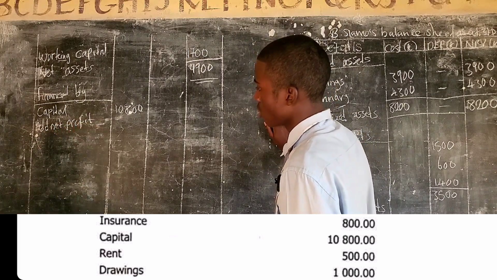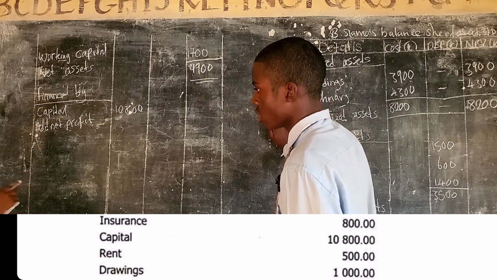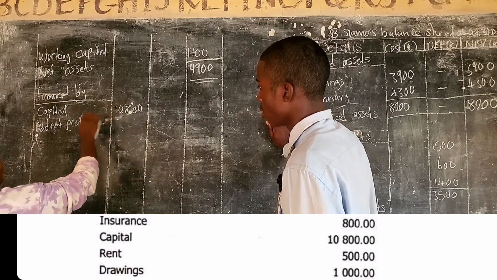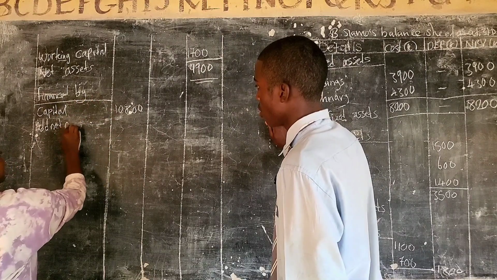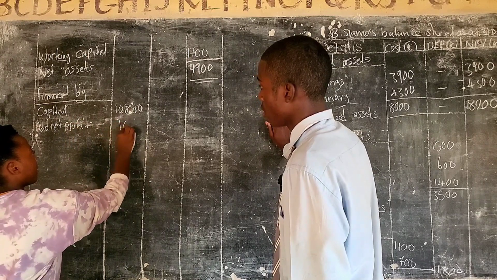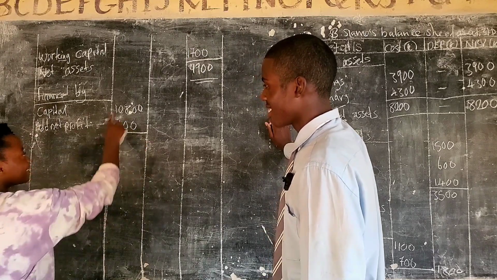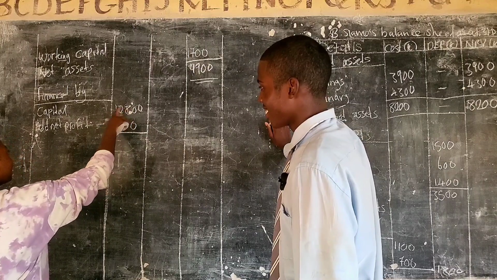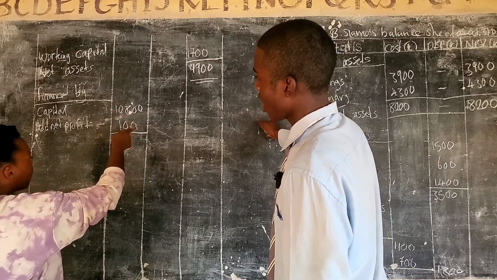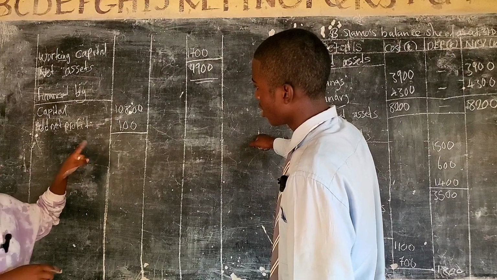So guys, if we found a net loss, we could have said less net loss, but since it's a profit, we add net profit. How much was the net profit? 100. Net loss, you subtract: capital minus the net loss. But since it's profit, it's capital plus the net profit. So when you add this, what are we getting?